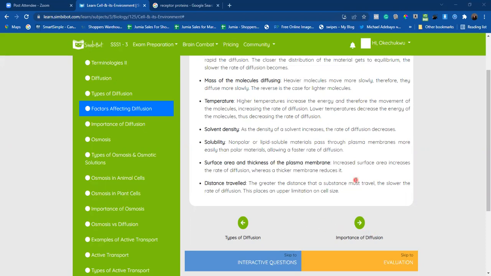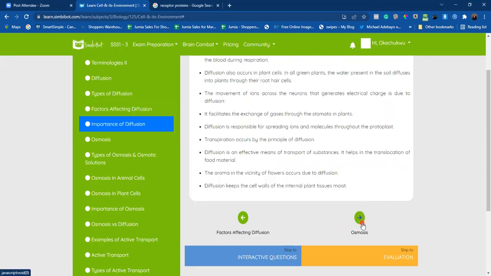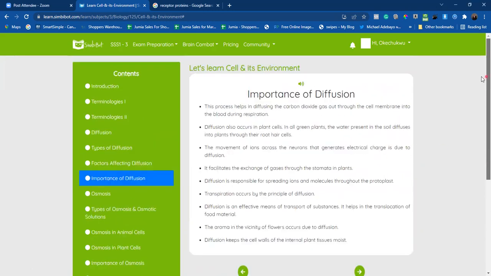Okay, so we'll be moving on to the next thing we have here: the importance of diffusion. What is the importance of diffusion? This process helps in diffusing carbon dioxide gas out through the cell membrane into the blood during respiration.